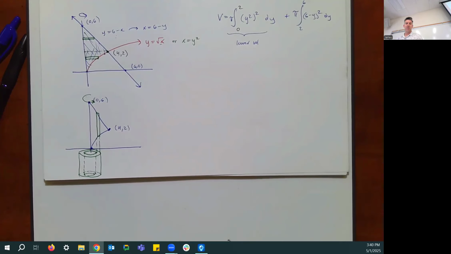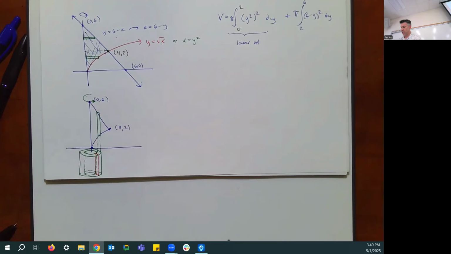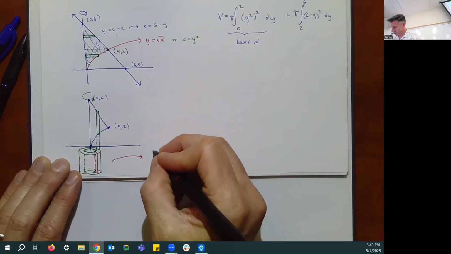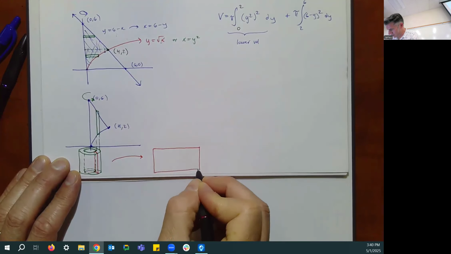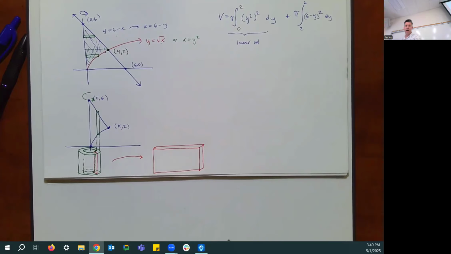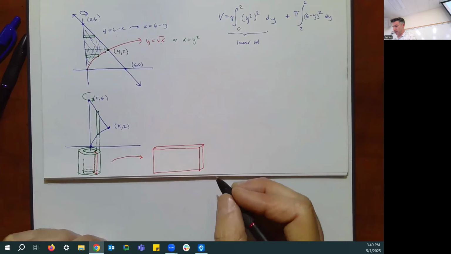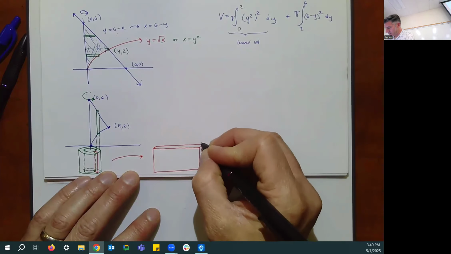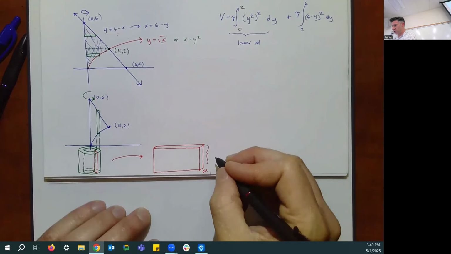So what's the volume of that? Well, if we were to cut it on the side and unravel it, it would look kind of like this, where the thickness of this rectangular prism is dx. The height is your top function minus your bottom function.